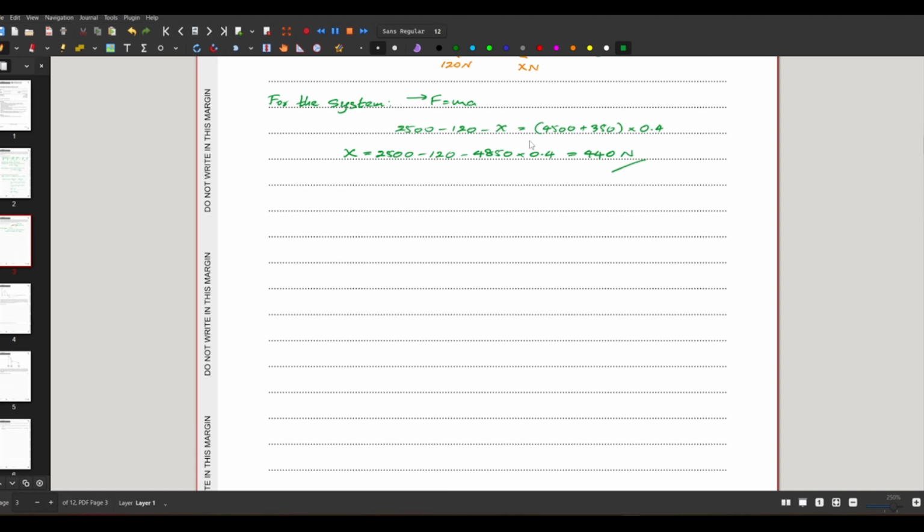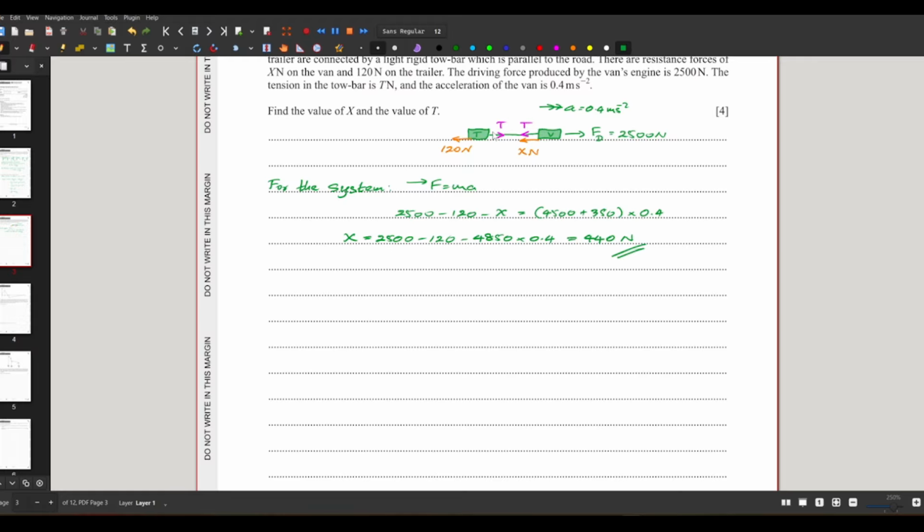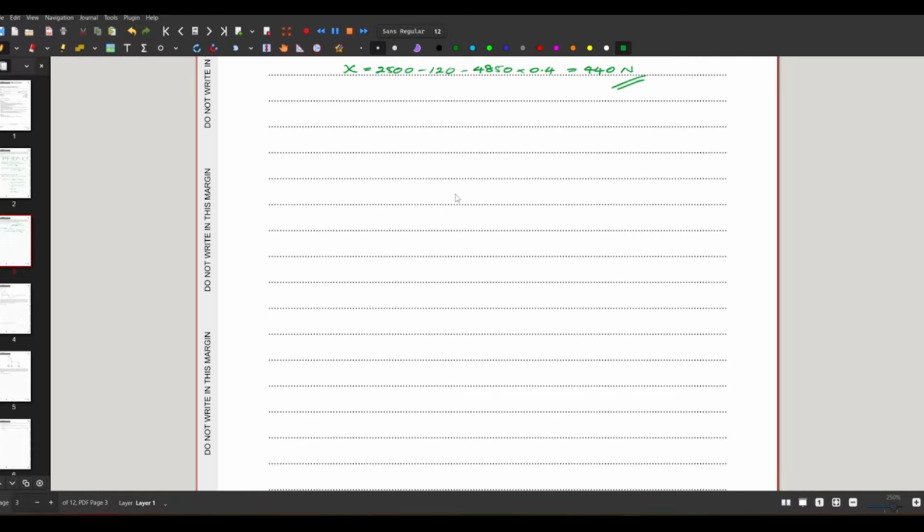And then we can just consider the trailer. Since they are connected with this rigid bar, the acceleration of the van and the trailer is the same. So we can apply F equals ma for the trailer.